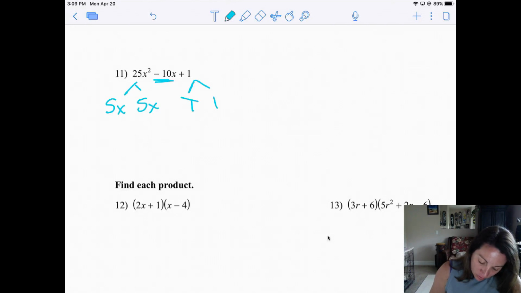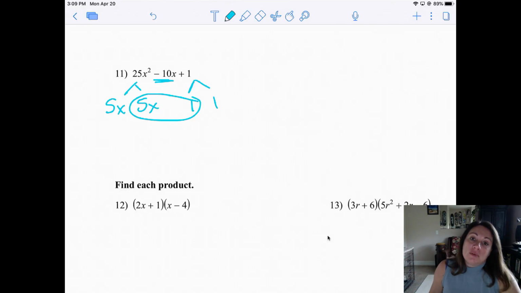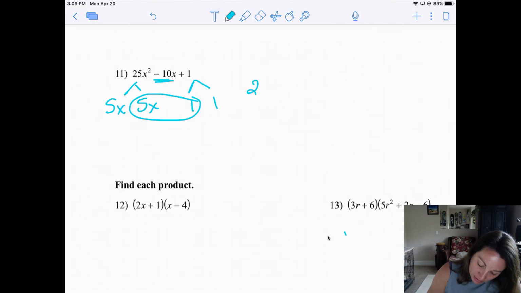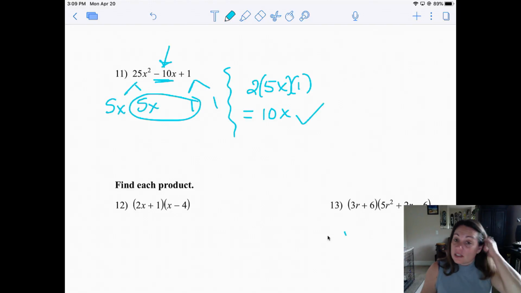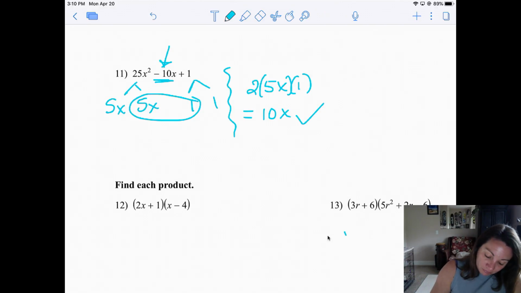So if I take one of each of these factors, 5x times 1, and I double it, I say 2 times 5x times 1, that would be 10x, right? Yes. That means 10x here, 10x here. That means this is a perfect square trinomial, and this will factor to two binomials that are exactly the same.